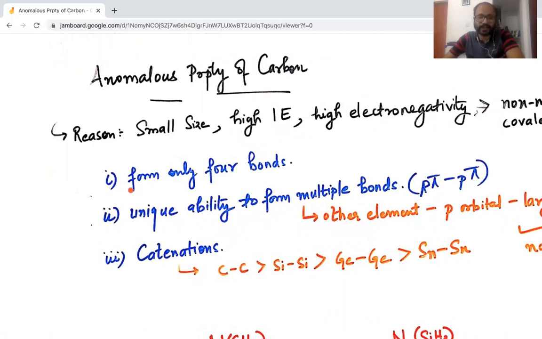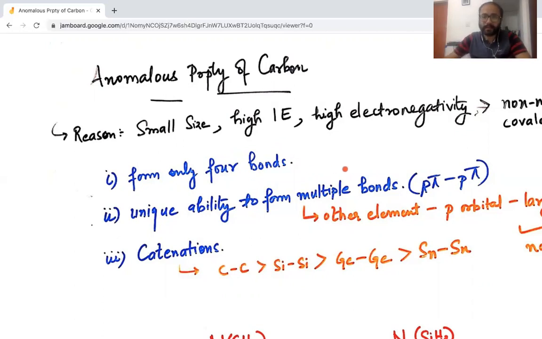First and foremost, you would like to know that carbon is able to form only 4 bonds. This is very easy to understand because we have already done this when we discussed boron as well.